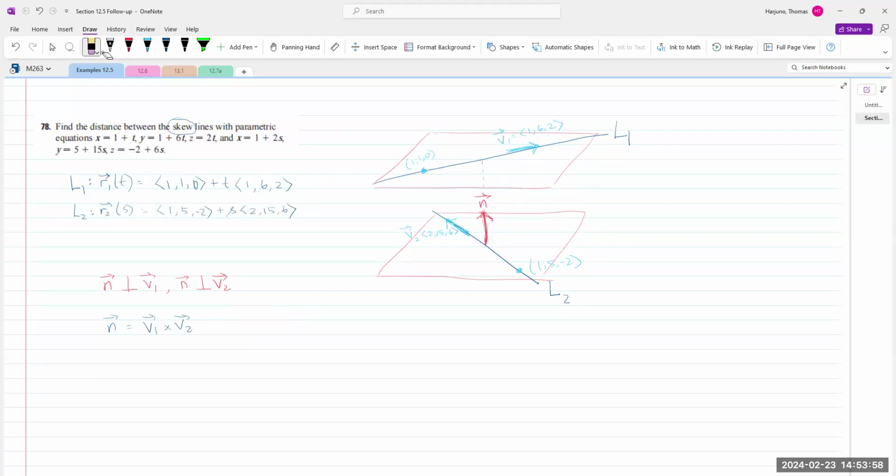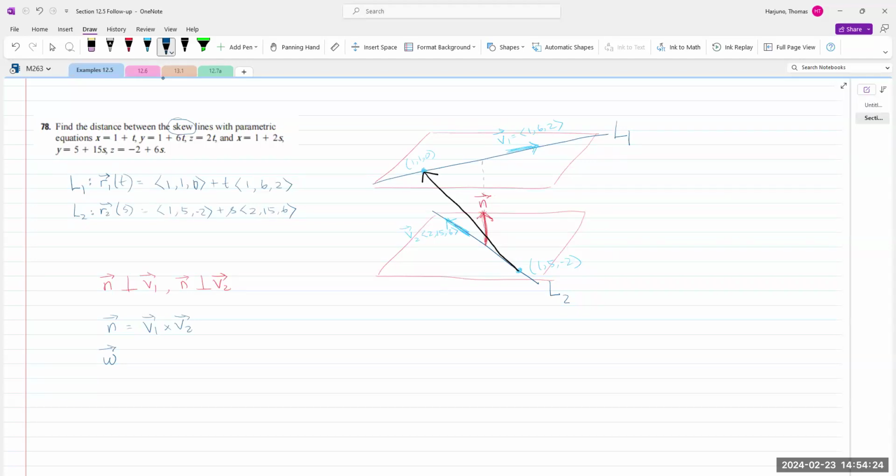Okay, now then I can create a vector between those 2 points. Let me use black color. Between those 2 points, this vector here. So let's call that vector w, right?